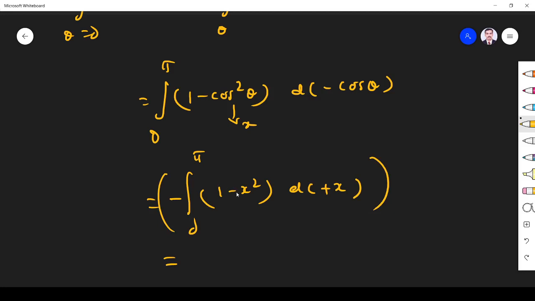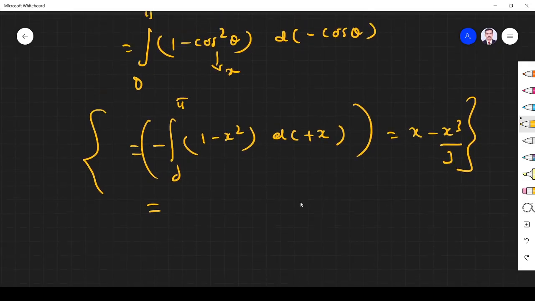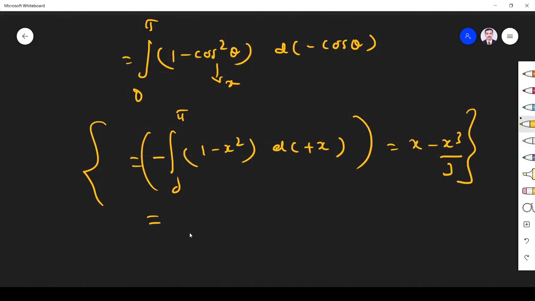So what is the integral of 1 minus x squared? That is equal to x minus x cube by 3. We follow the same procedure. If you simplify, it will be cos cube theta divided by 3 minus cos theta.